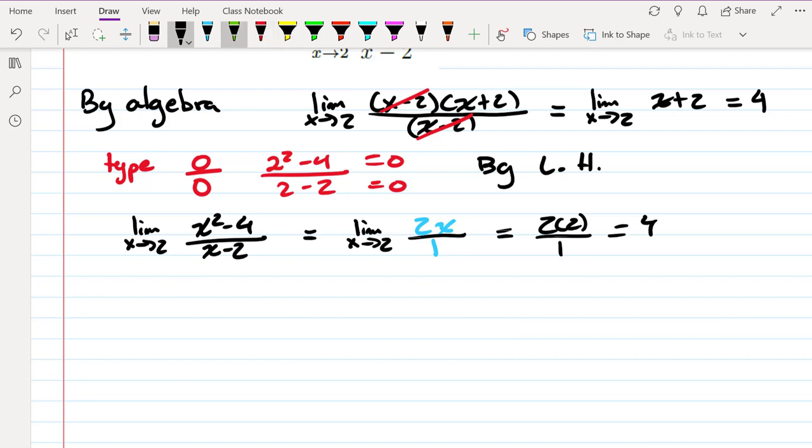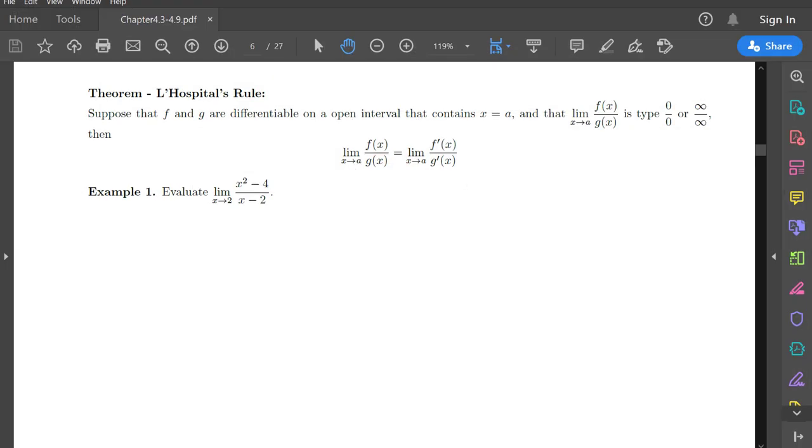And we'll note that we got exactly the same thing whether we did it via algebra or by doing it via L'Hopital's rule. All right, so let's take a look at a couple of other examples.